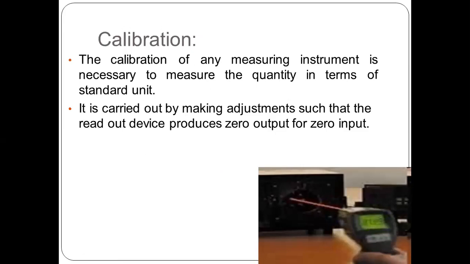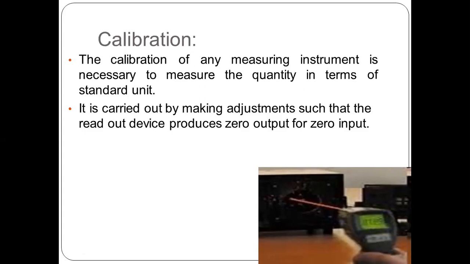If we are going to measure anything with the help of an instrument, then we adjust that instrument to the zero value, because for zero input it should show zero output. By using that we can calibrate the instrument. It is carried out by making adjustments such that the readout devices produce zero output for zero input.